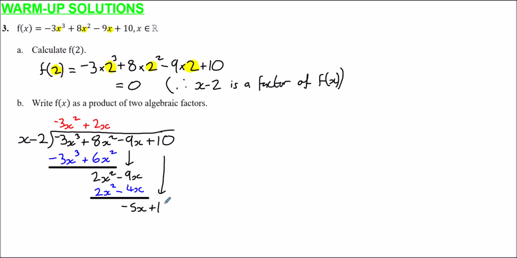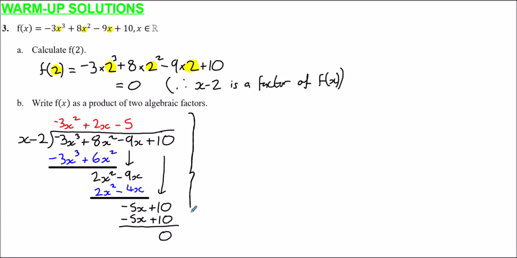With no other numbers to bring down, this is going to be our last step. That 10 is our last one to bring down. So finally, minus 5x divided by x gives minus 5. Then minus 5 multiplied by x, of course, is minus 5x. And minus 5 multiplied by minus 2 gives positive 10. And as expected, if we do this line take away this line, we get 0 remainder, as we knew would happen.